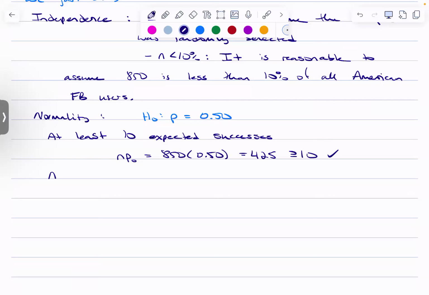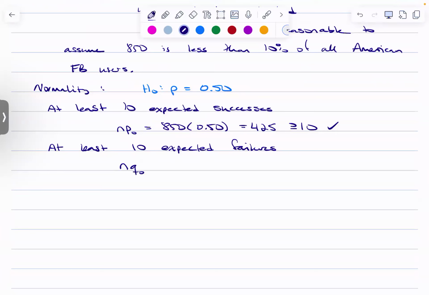And I need at least 10 expected failures: n times q naught, which is 850 times 1 minus 0.5, which is also 425, which is still greater than or equal to 10. The conditions will always check out. It's our job to go through and do it.